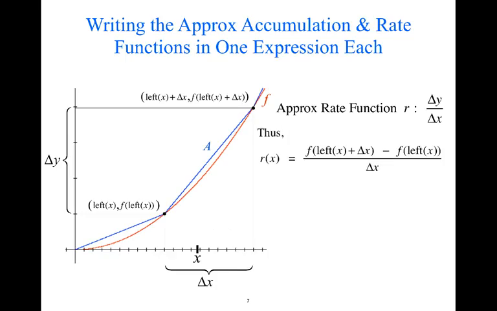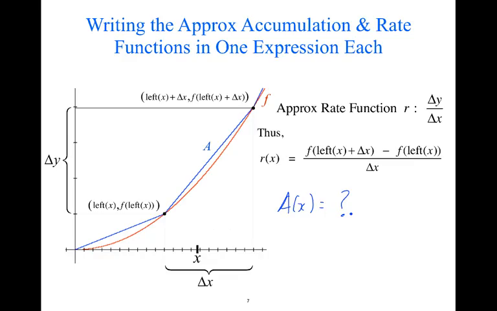So the approximate rate function is this: change in y over change in x. So now this allows us to build what A is, but I'm going to leave that to you.